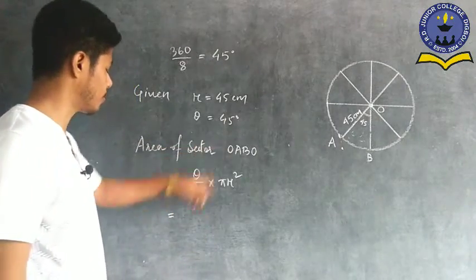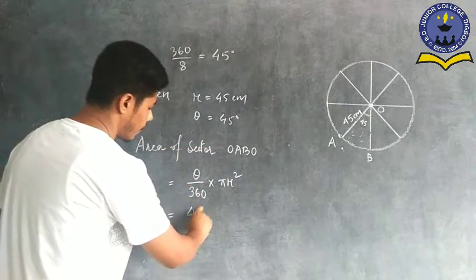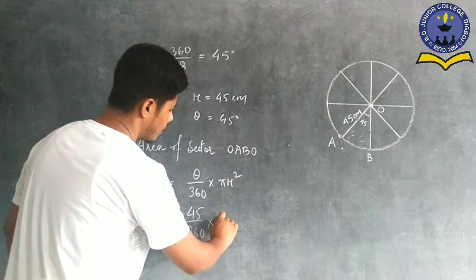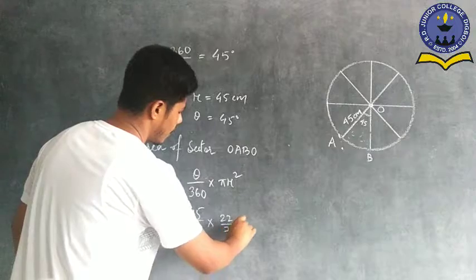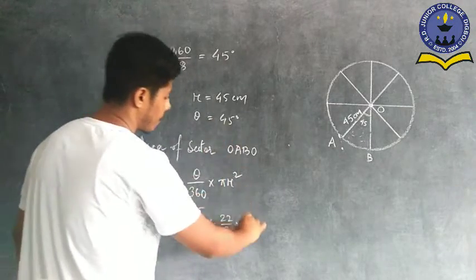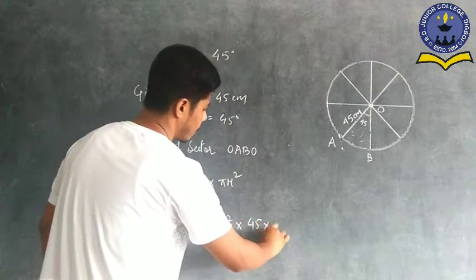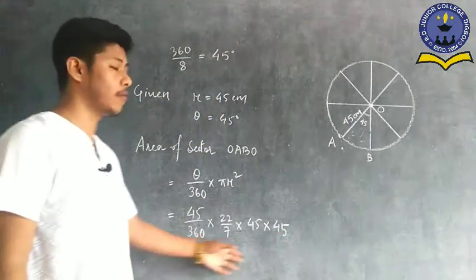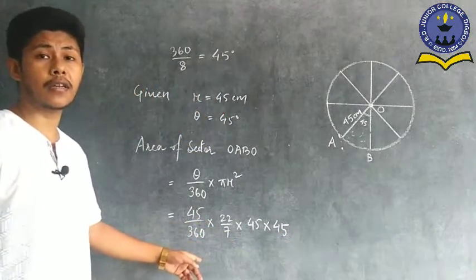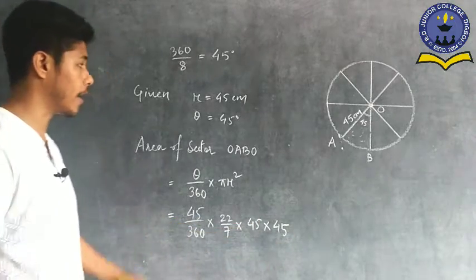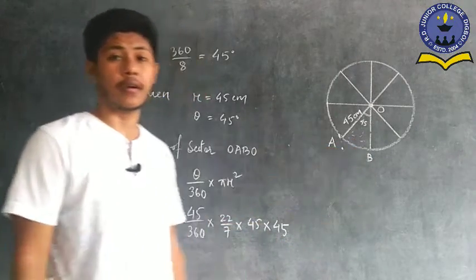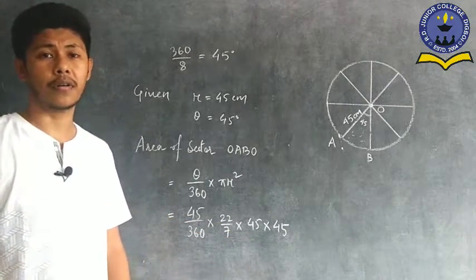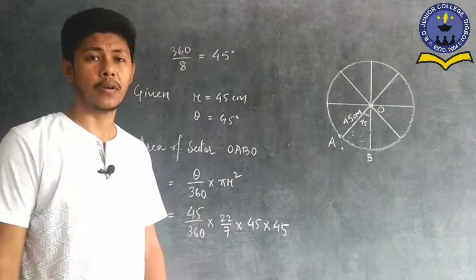Theta equals 45, so we write 45 by 360, into pi, which is 22 by 7, and into r squared, which is 45 into 45. Is it clear? If you calculate this result, then easily we can find the area of one part. In this way we can find the area of one part between the ribs.